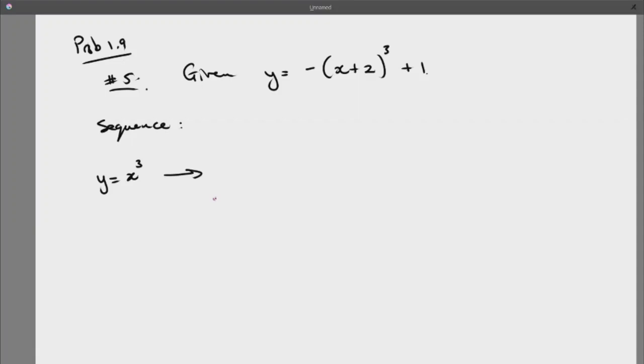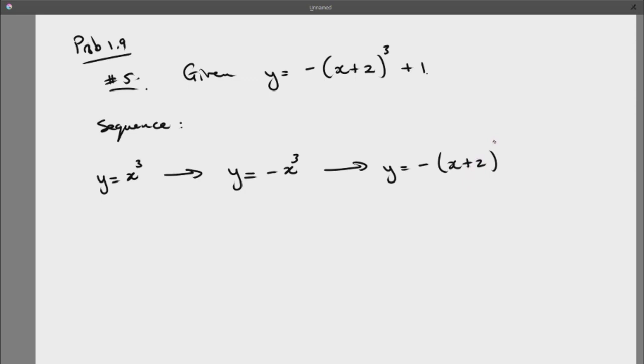But past that, I can choose whatever I want to do. I like to take care of any possible numbers first. So I will change the function by multiplying the right-hand side by a negative, and that's going to be a vertical reflection. Then I'm going to replace the x with an x plus 2.